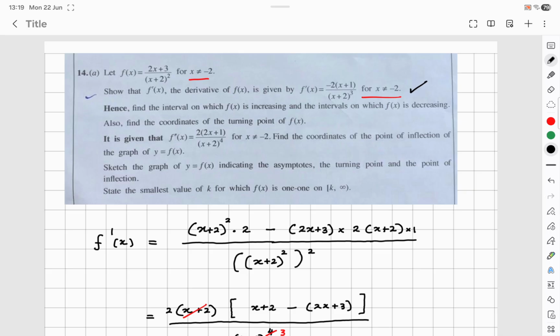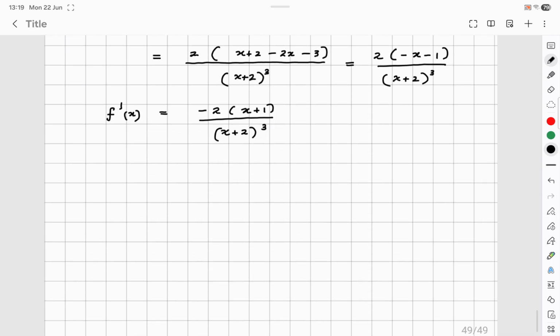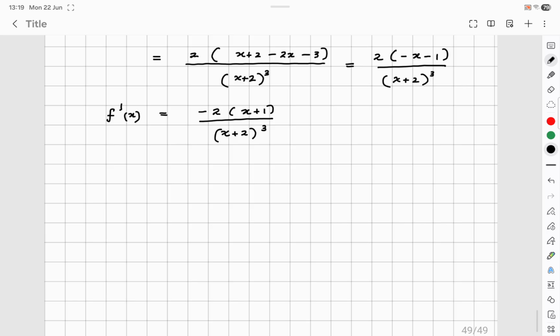Hence find the interval on which f(x) is increasing and the intervals on which f(x) is decreasing, right? So then we have to first do what? Find the stationary points, no? Stationary points we can find with f'(x) equals 0. Better to do the critical numbers.